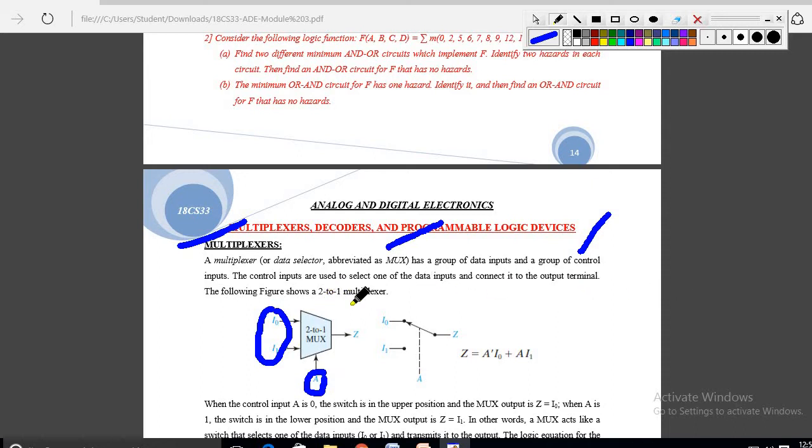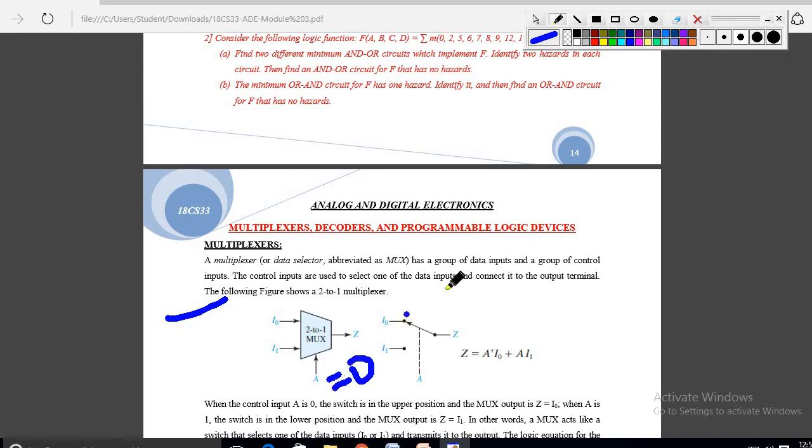So the figure I'm showing is a 2:1 multiplexer. See here, this is a 2:1 multiplexer, which means 2 data inputs, 1 control input, and 1 output. See here in this diagram, when the control input A is 0, it will select the upper path, meaning A dash I0, it will select the data input I0.